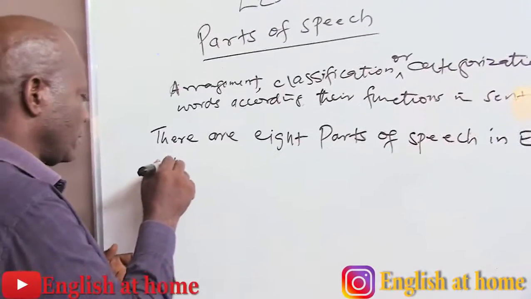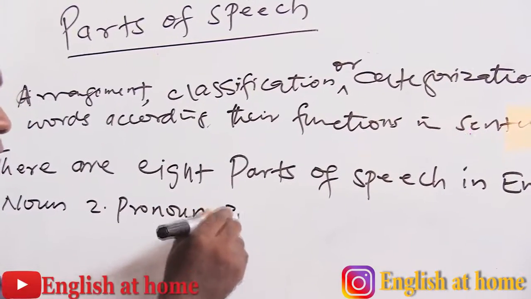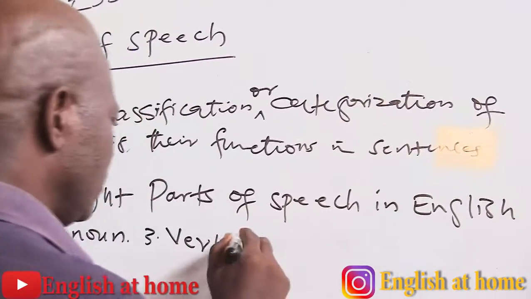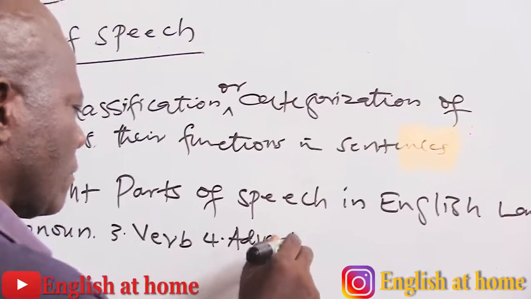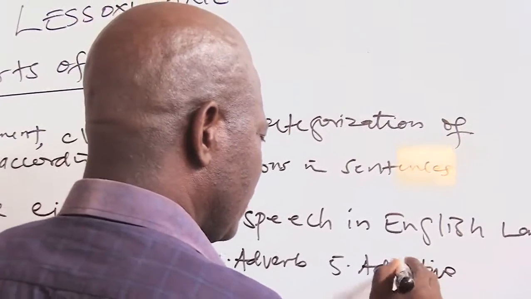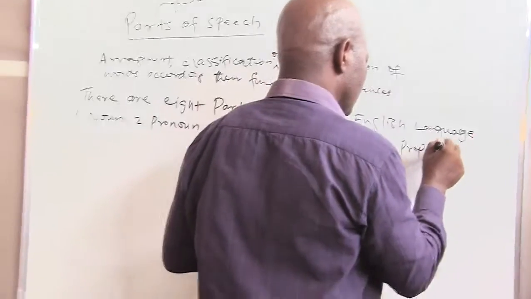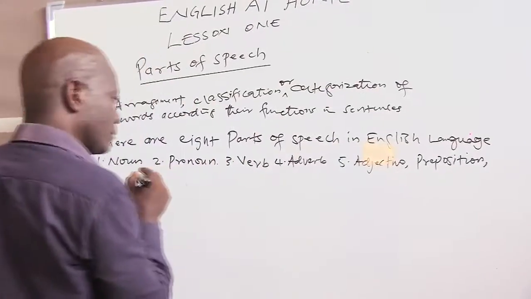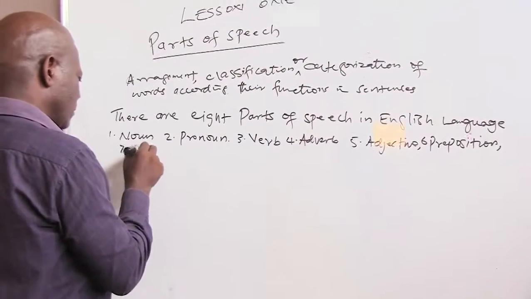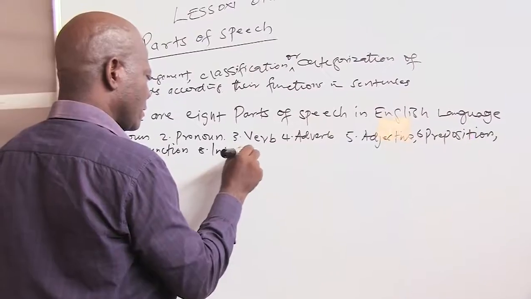They are noun, pronoun, verb, adverb, adjective, preposition, preposition is number 6, then 7, conjunction, and 8, interjection.